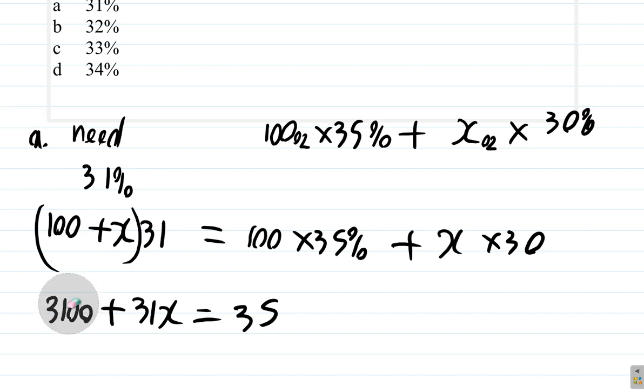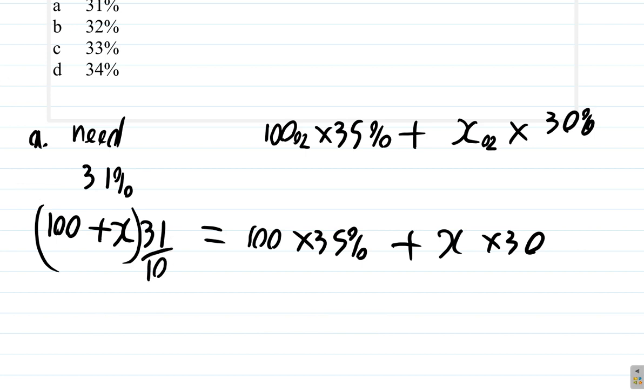I should just make them into decimals from now. 31% is 31 out of 100. Let's write them as fractions first, 35%, 30%. You get the same answer if you didn't divide them, because you divide everything on both sides, left and right. But let's put them as fractions and then decimals.